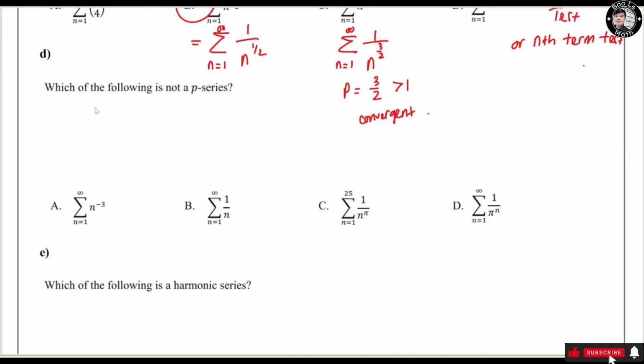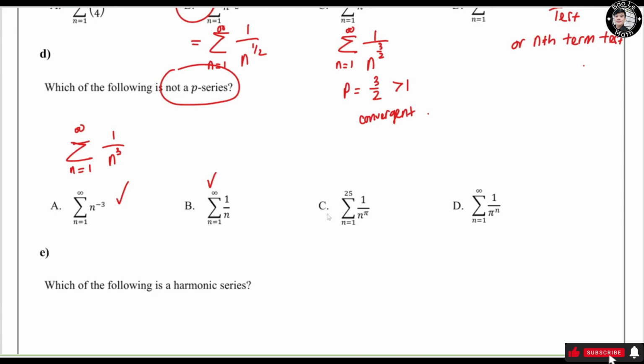Now question D. Which of the following is not a P series? A can be written as the sum of 1 over n to the third when n goes from 1 to infinity, right? This is actually a P series, right? Now question B. This is actually a harmonic series, right?